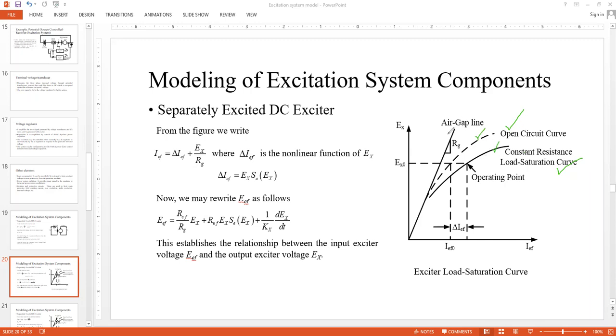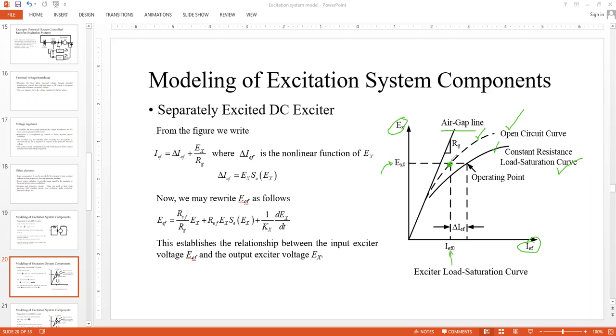So this is the constant resistance air gap line RG with the slope over here. The Y-axis gives you EX, the X-axis gives you IF. And if you choose a point on the OCC, that point is the relation between EX0 and IEF0.